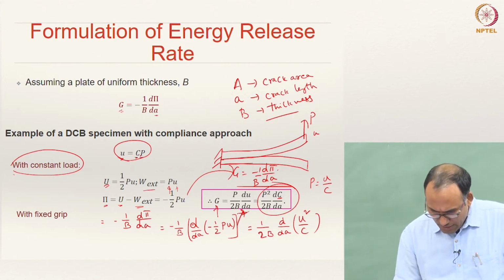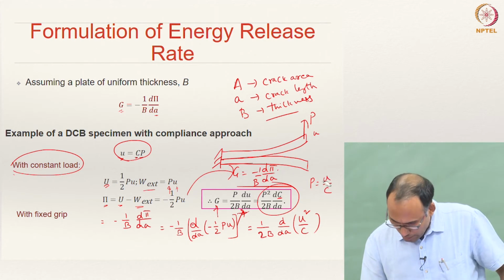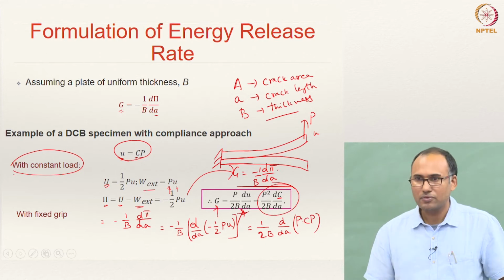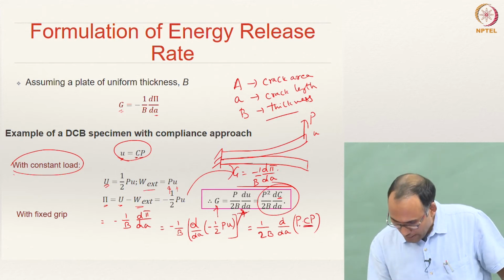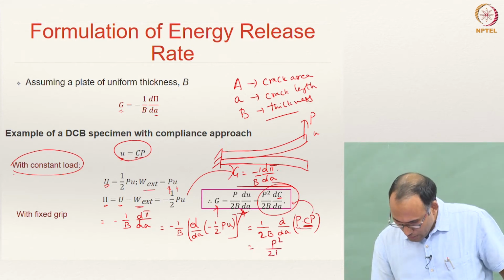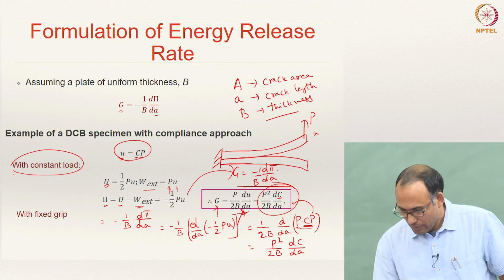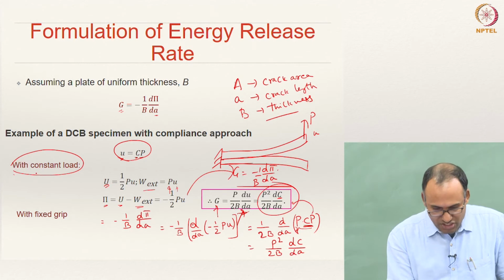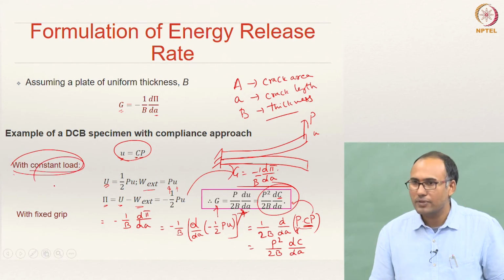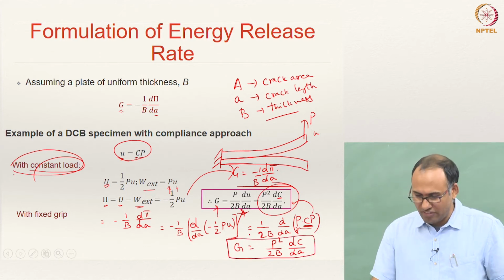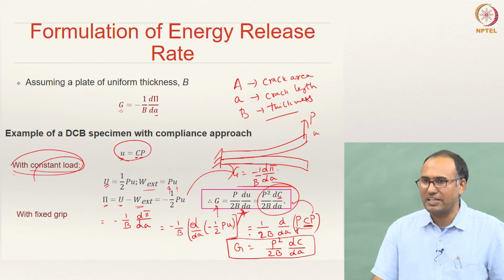Because my P is a constant, d/dA of PU, with U equal to C times P, becomes P squared. P is a constant, so it can go out. That way it is P squared by 2B times dC/dA. The fact that P is constant lets me bring it out; if P is not constant, I could not bring it out, because we are working with the constant load condition. So my G, when I have a constant load, is given by P squared by 2B times dC/dA.